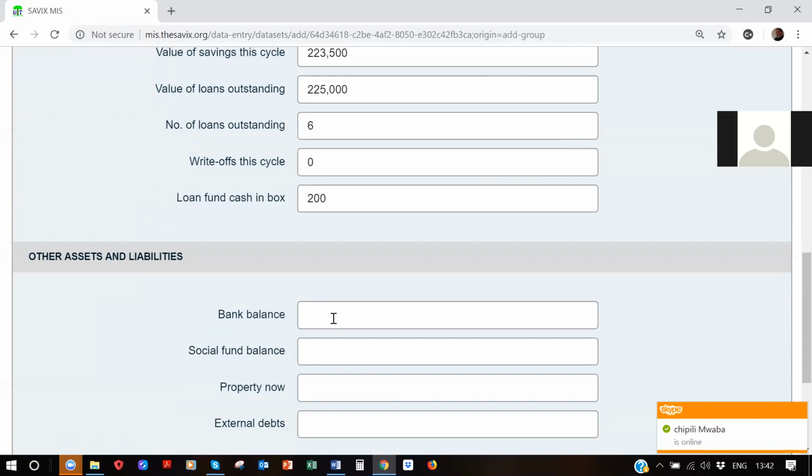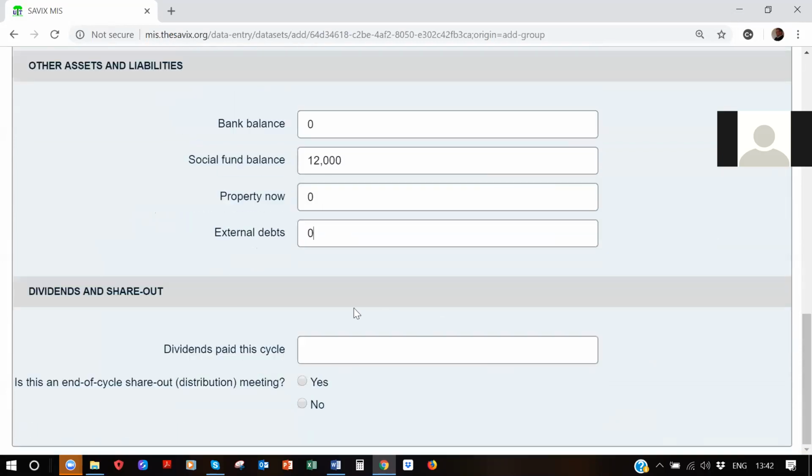Right. So then we have bank balance of 0, social fund balance of 12,000, property now of 0, and external debts of 0. Then we have dividends paid this cycle 0, and it is not an end of cycle share out meeting.